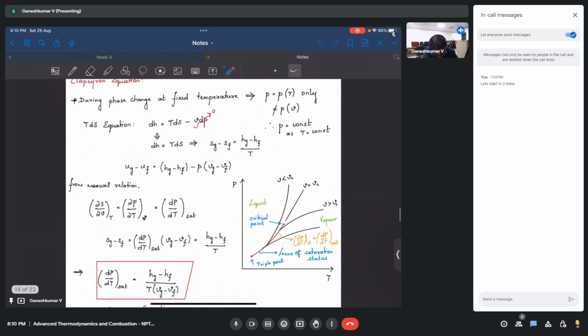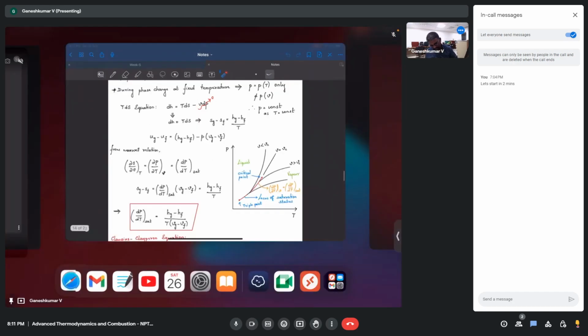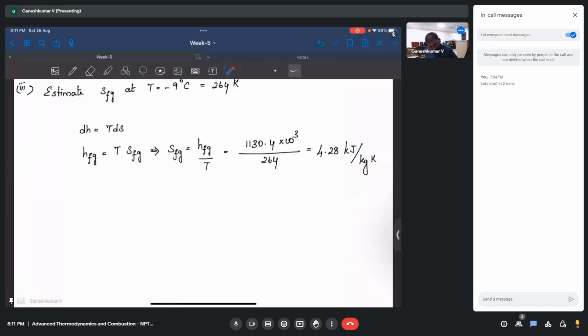But what we also know is, from the Maxwell relation, dou S by dou V at constant T is equal to dou P by dou T at constant V. So we can use that relation. Okay, let me try that relation also.